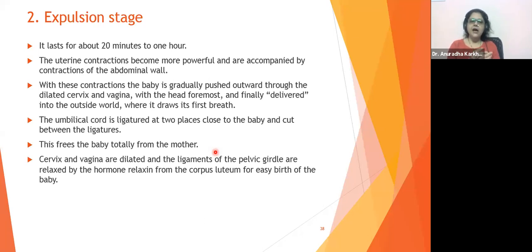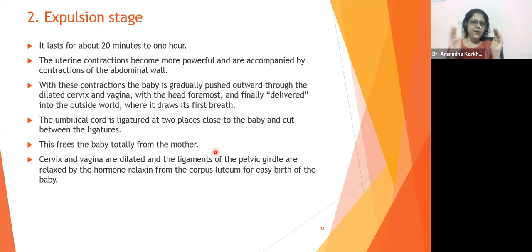Cervix and vagina are dilated, and the ligaments of the pelvic girdle are relaxed immediately by a hormone again secreted. The name of the hormone is relaxin, secreted by the mother from the corpus luteum for easy birth of the baby. So the corpus luteum is intact now, which was synthesizing progesterone till now.